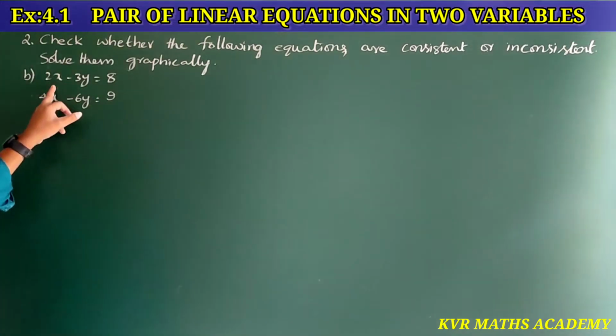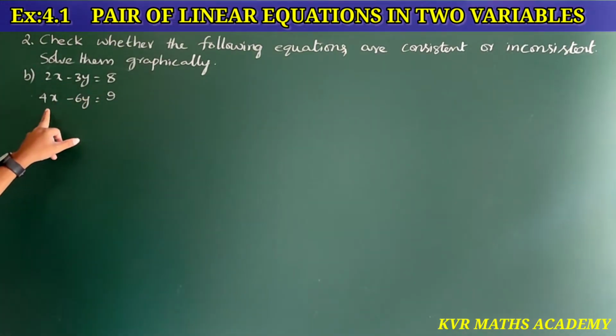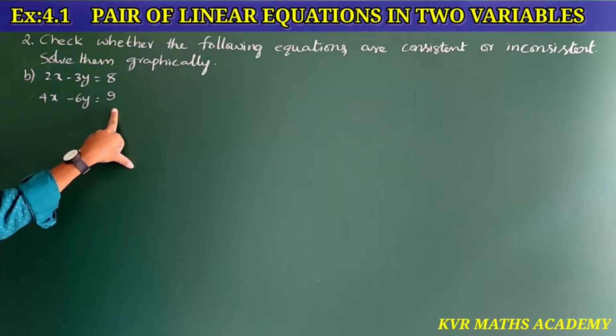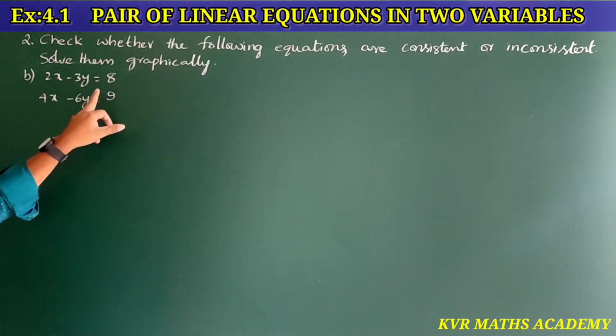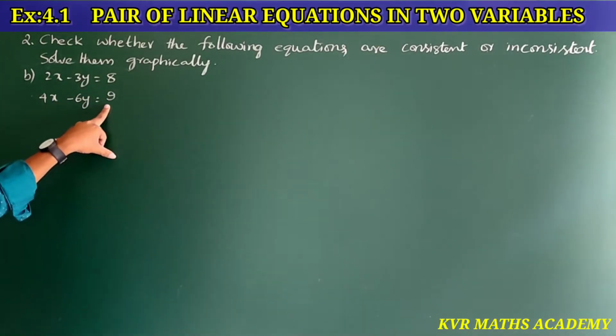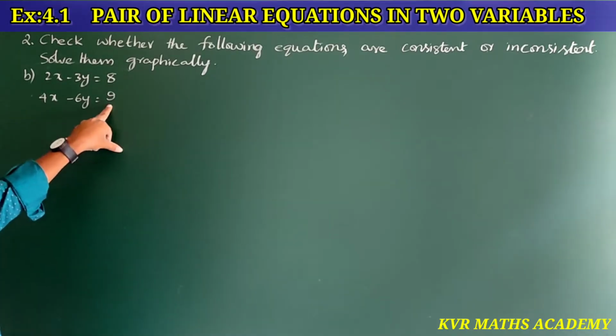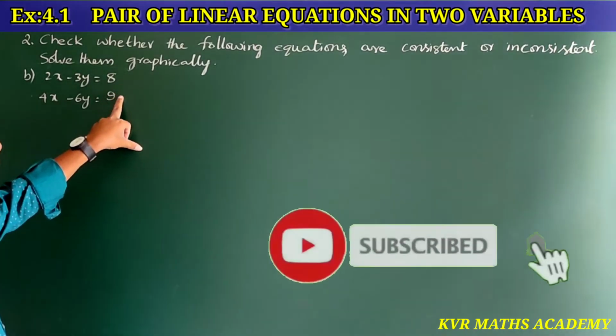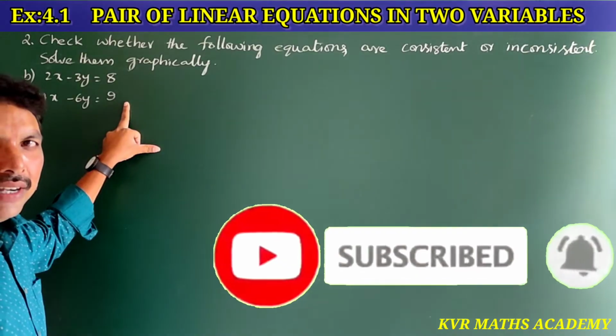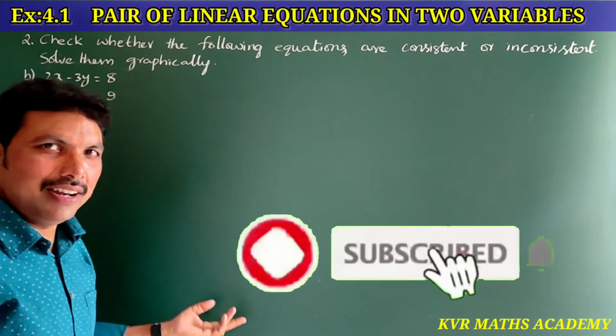Next, B: 2x minus 3y is equal to 8 and 4x minus 6y is equal to 9. Let us check whether these are consistent or inconsistent, and we will solve graphically also, right?